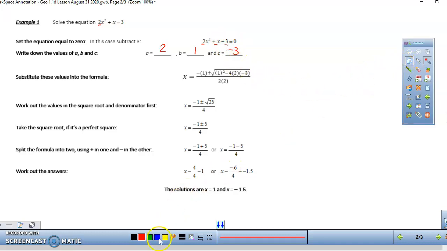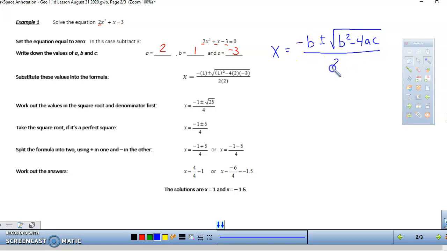I am going to rewrite the quadratic formula up here so that we have that as a reference on this page. So it's -b plus or minus the square root of b squared minus 4ac, all of that over 2a. And if you ever have a test or a quiz, we will give you the quadratic formula to use, so you don't have to memorize that piece.